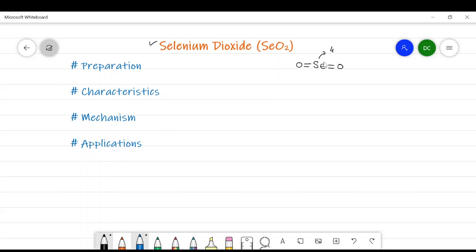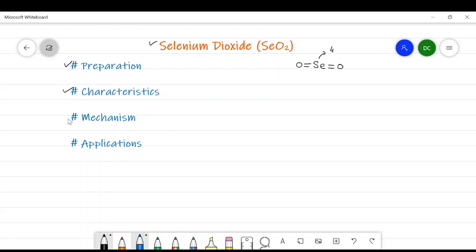It causes the oxidation of different compounds, and we get a hydroxy compound as a product or a carbonyl compound as a product. In this lecture, we will discuss the preparation of selenium dioxide, its characteristics, how it causes the oxidation, and which product is obtained, or on what position it will attack in the oxidation process.